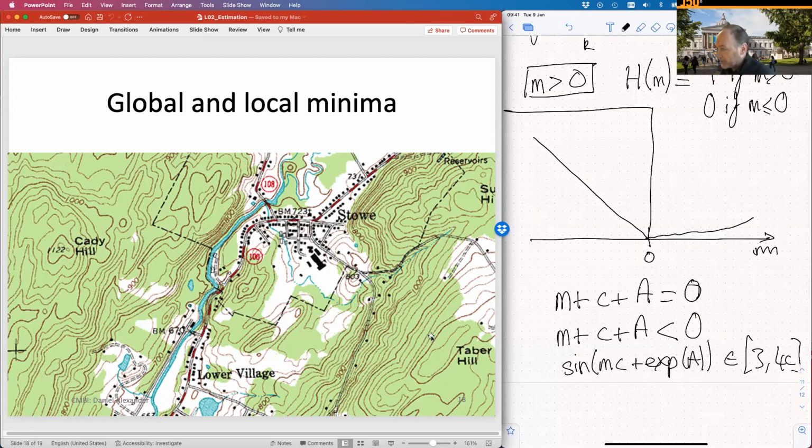We can see that because we've got this nice global view of the whole surface, but that's not what a typical non-linear search will have. It won't be able to see this full picture. It's more like a blind hiker who starts somewhere in this village of Stow and wants to find the highest point in this local area.